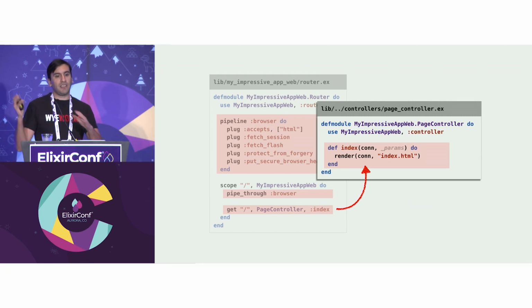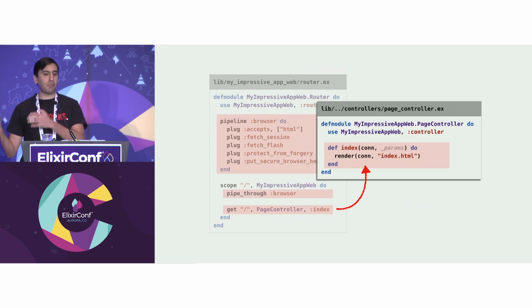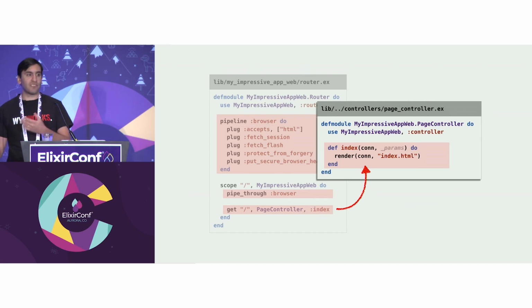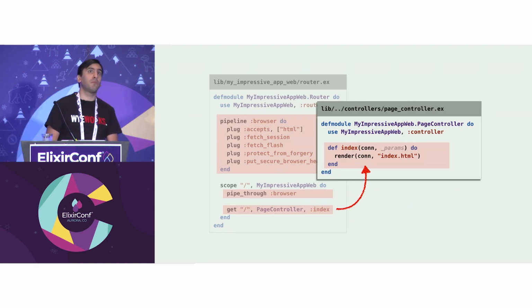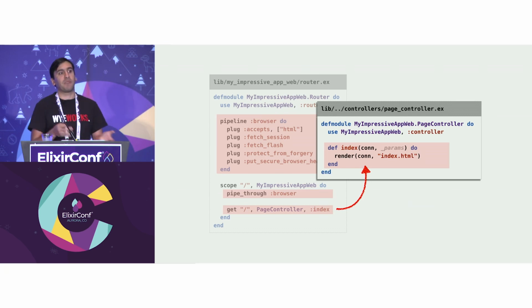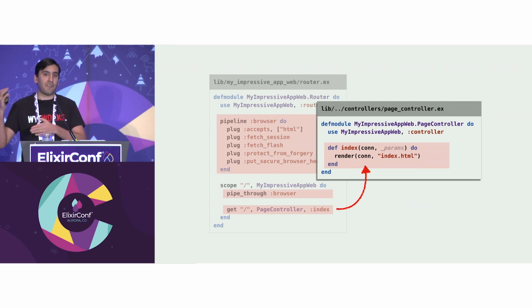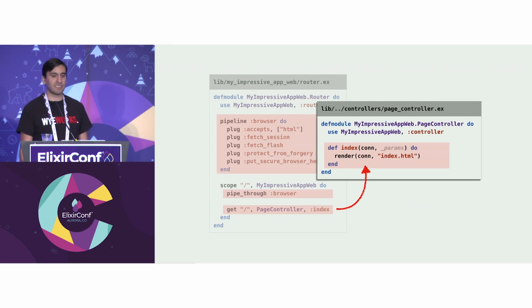And finally, this is an example of a request hitting the home page. It takes the result from the local pipeline and passes this connection struct to the appropriate action function from the corresponding controller. The action functions are like, as we were speaking about module plugs, there is a very similar concept, which is function plugs, which are like the call function from the modules. I mean, it's a function that receives a connection struct, has to do something, and returns a connection struct. Your action functions in the controllers are like this.